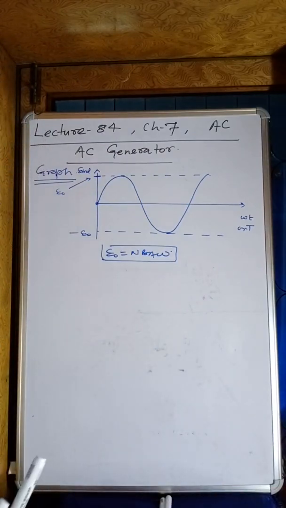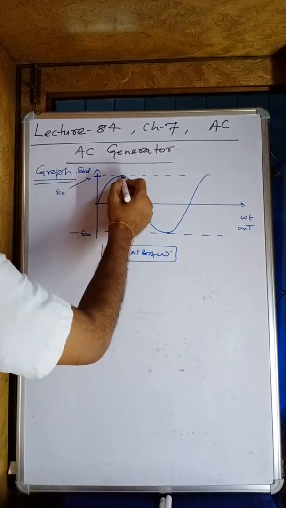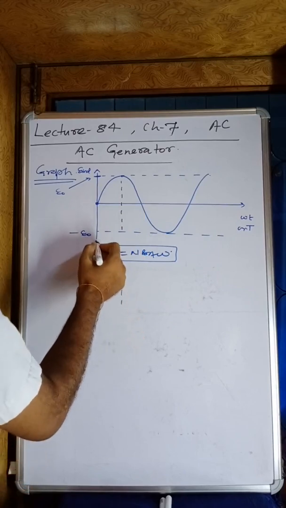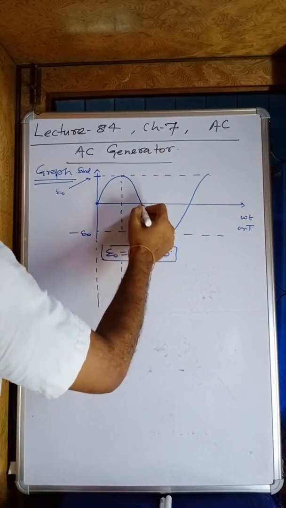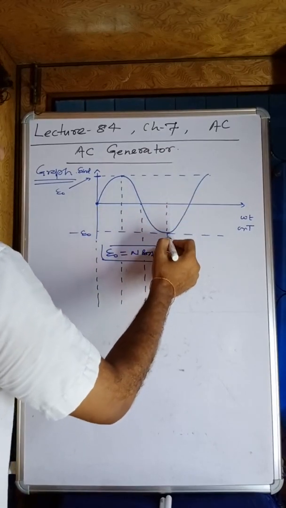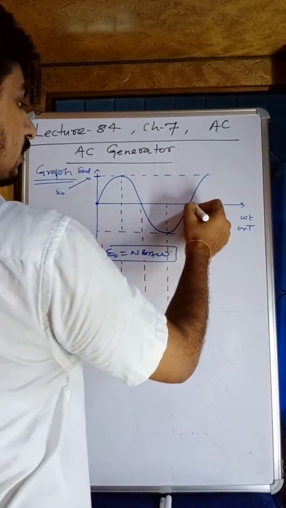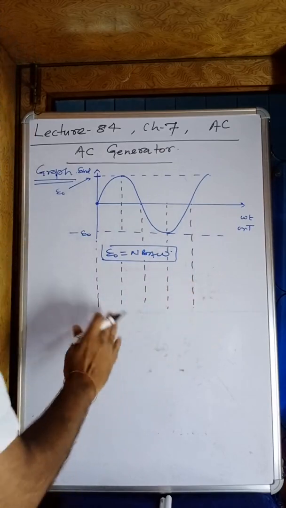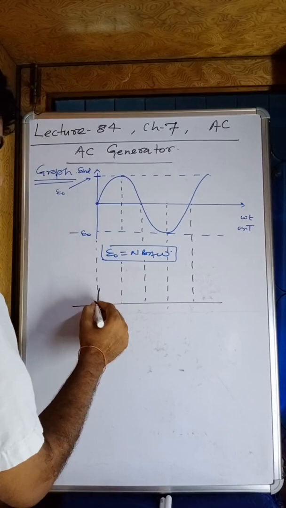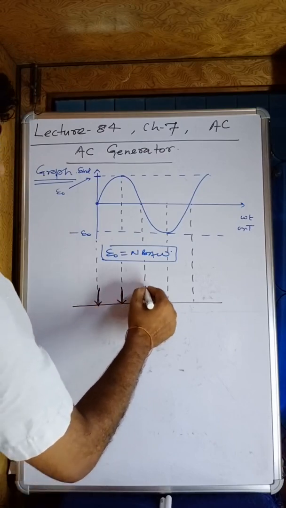This one is the case. This one is another case. This will be the other case, and this will be the negative value, and this will be again 0. One by one we will discuss all these cases. Okay, my dear students?